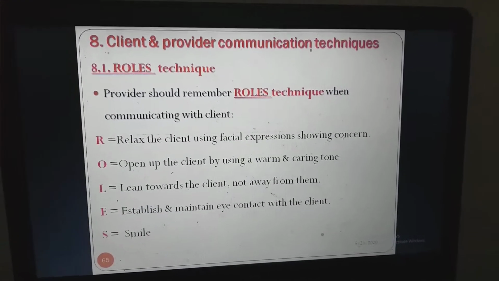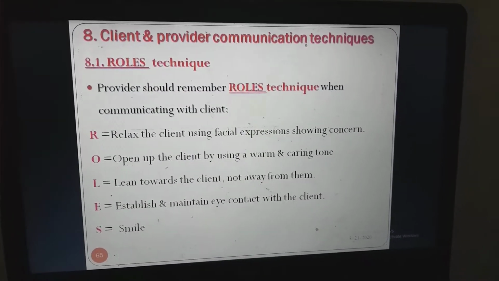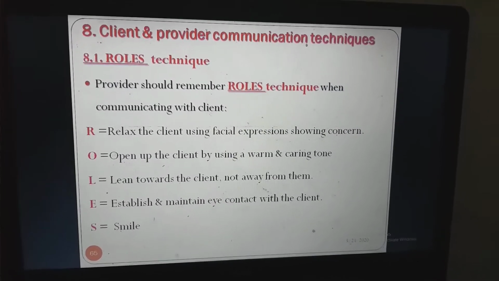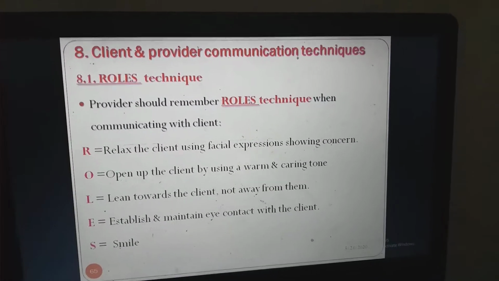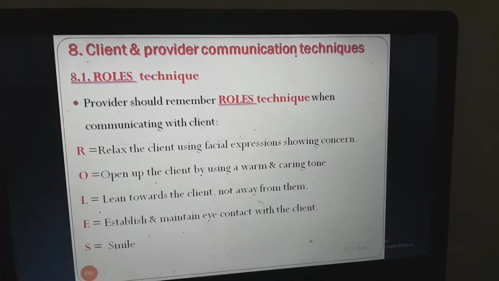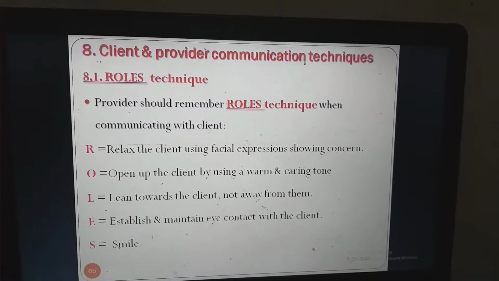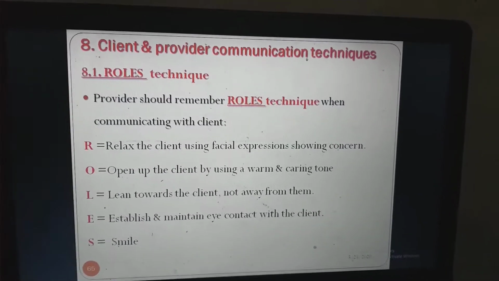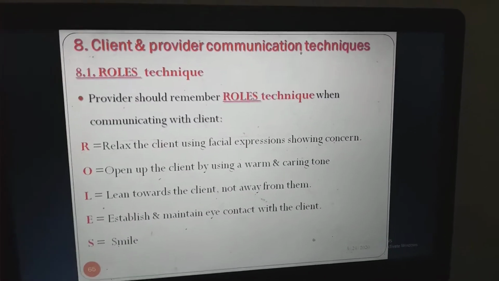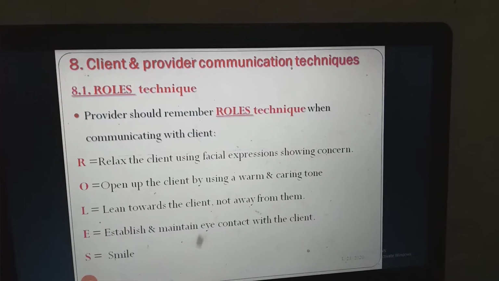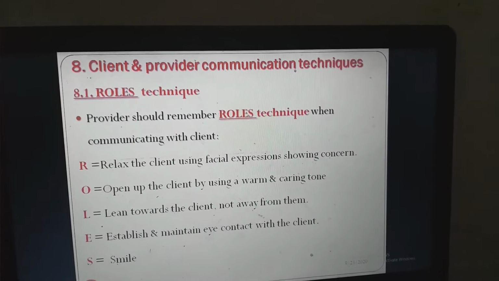E, establish and maintain eye contact with the client so that you show you are concerned and understanding them clearly. S, smile. Even if what they are speaking about is not making you smile, simply try to smile so that they can tell you whatever they want. This is what we call ROLES.